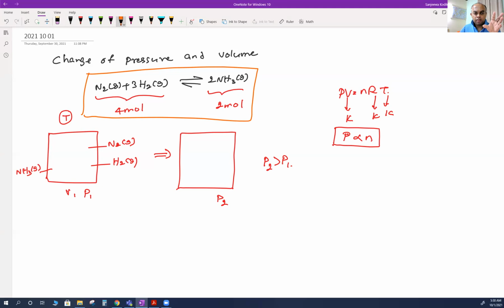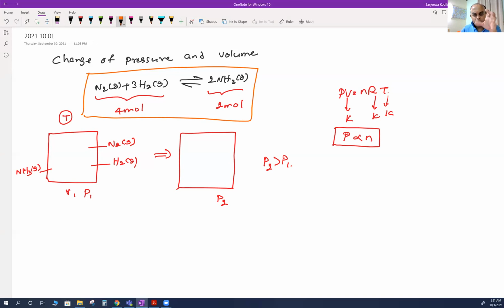When the pressure is increased, the system will try to move towards the direction where you have fewer moles. If the fewer moles are on the product side, the system will encourage the forward reaction. If the fewer moles are on the reactant side, the system will encourage the backward reaction, because more reactants have to be produced.